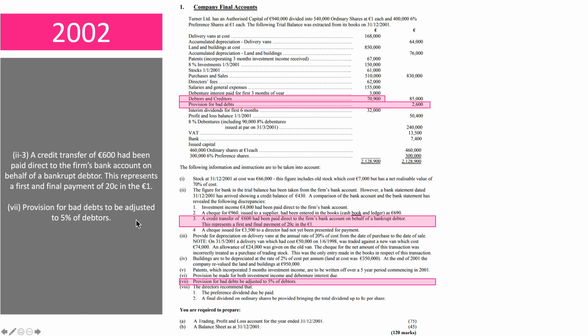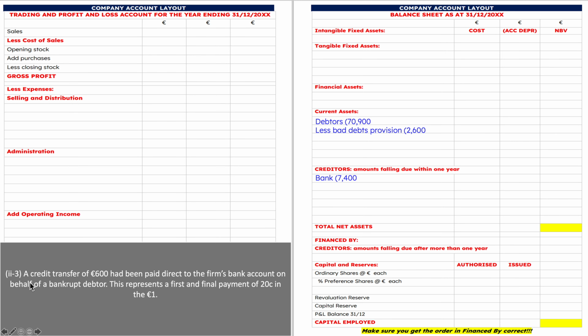Then lastly, we have 2002, we have debtors and bad debts provision here, and then we have two adjustments. So the first one, 2 part 3. A credit transfer of €600 had been paid direct to the firm's bank account on behalf of a bankrupt debtor. This represents a first and final payment of 20 cents in the €1.